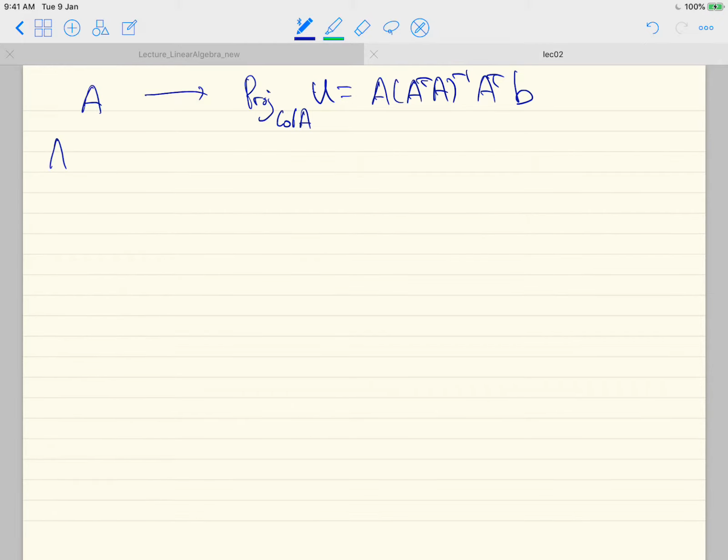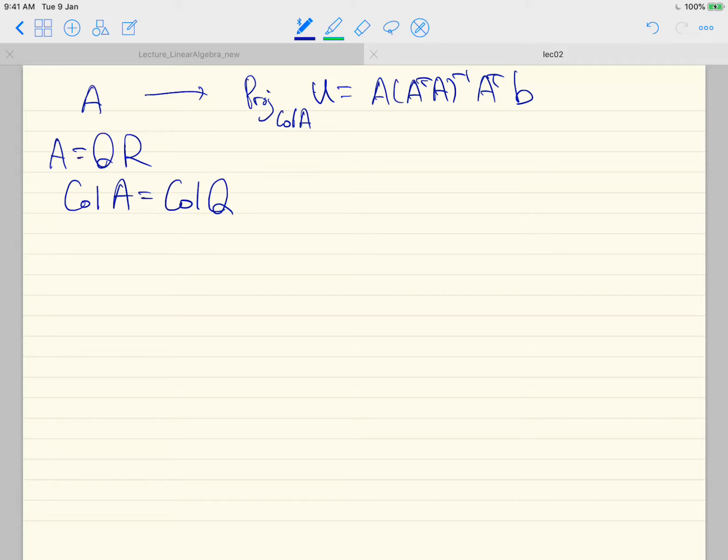And now let's think of A being QR, right? Where the column space of A is the column space of Q, right?